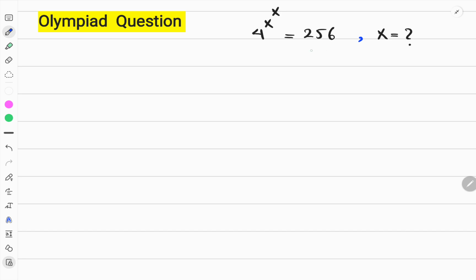Okay, first of all, I'm gonna factorize 256. Many of you know that 256 equals 2 to the power of 8, but if you don't know, you can use factor tree and factorize 256 until you find all of the prime factors of this number.